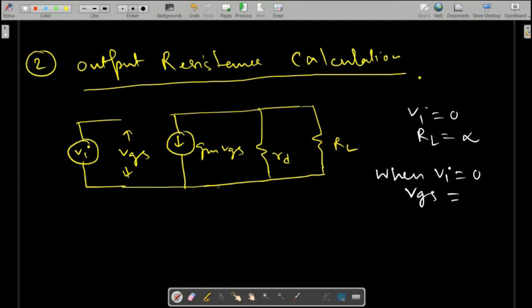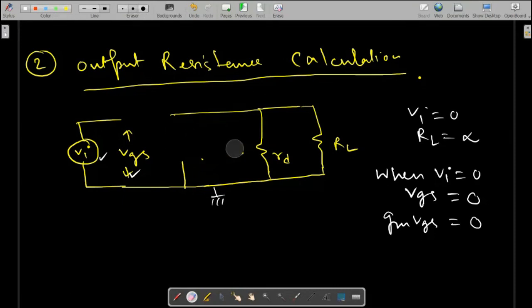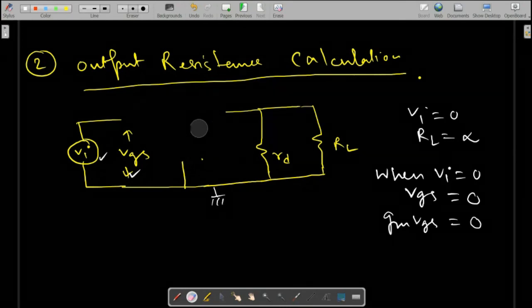Very simple, VI 0 means VGS 0. So what will be the value of GM VGS? 0. The value of current source 0 means what? Short circuit or open circuit? Open circuit. Good. GM VGS is a current source, its value 0 means open circuit. Voltage 0 means short circuit. Current 0 means open circuit.